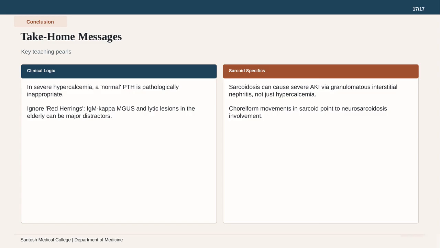Regarding sarcoid specifics, keep in mind that this condition can cause severe acute kidney injury directly through granulomatous interstitial nephritis, not just secondary to hypercalcemia. Finally, recognize that choreiform movements in a sarcoidosis patient strongly point toward neurosarcoidosis. Always pursue tissue confirmation when multi-system presentations offer conflicting clues to ensure the correct life-saving diagnosis is made.